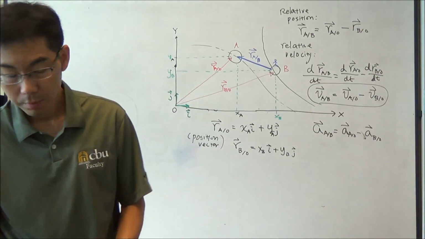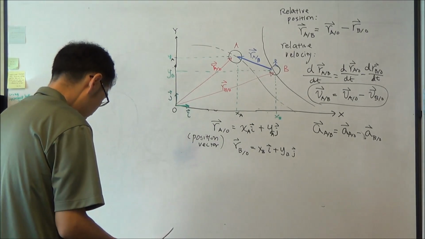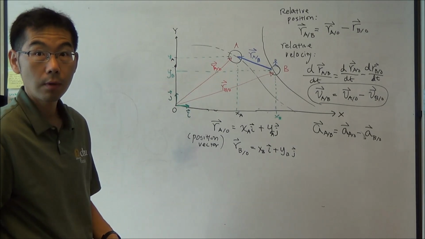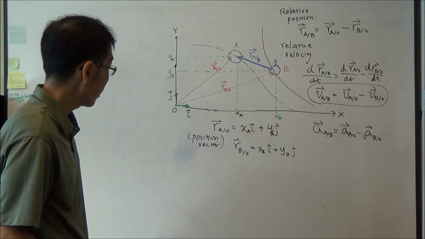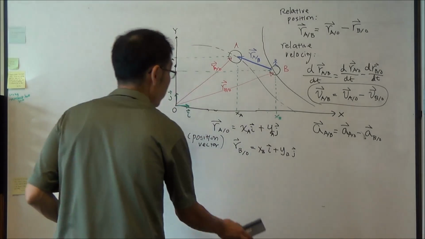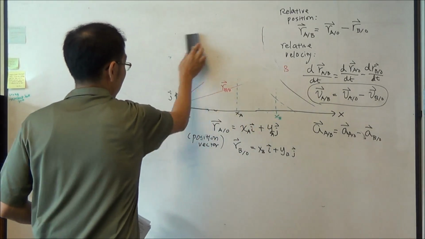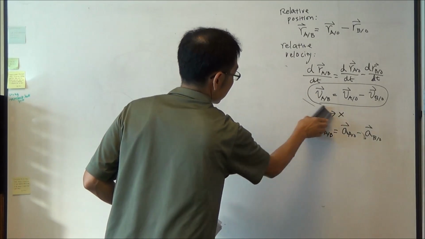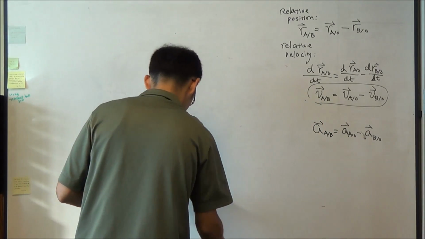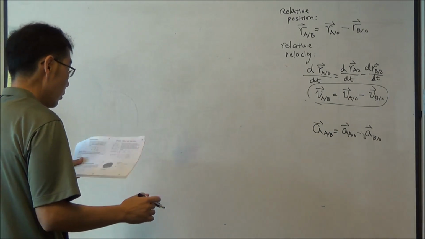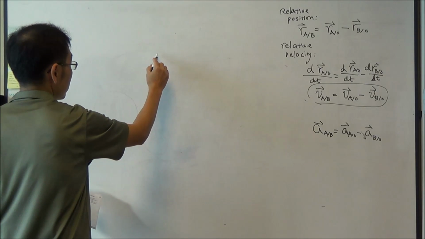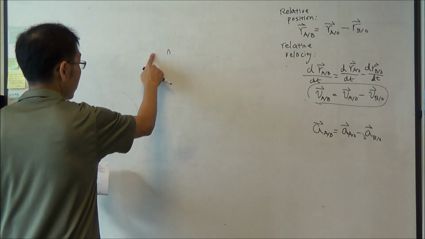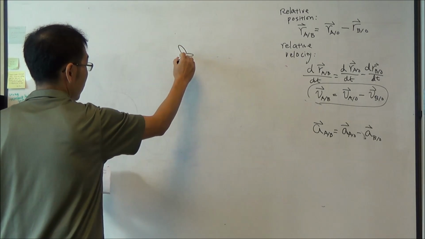Then let me give you an example here. It's a very simple example in our lecture. Let me just erase this part here. So right now we have two planes.